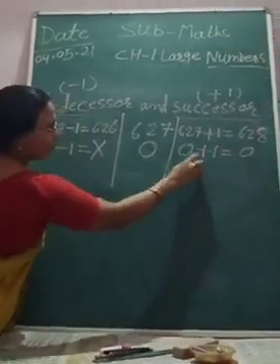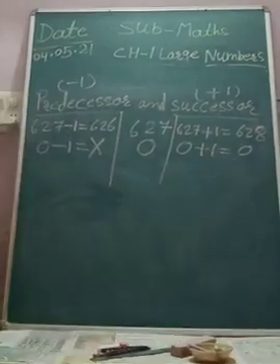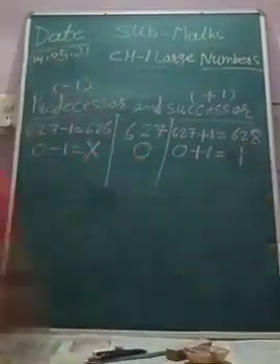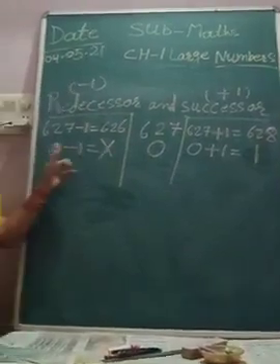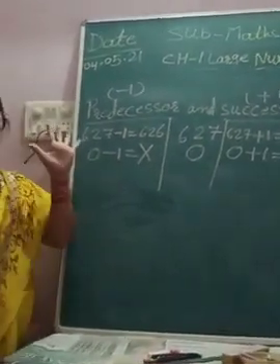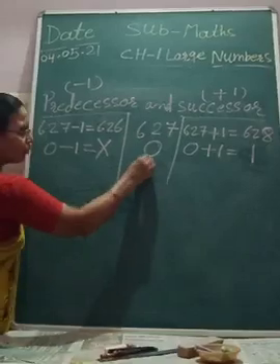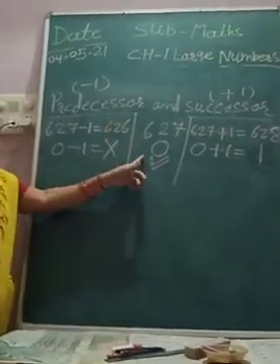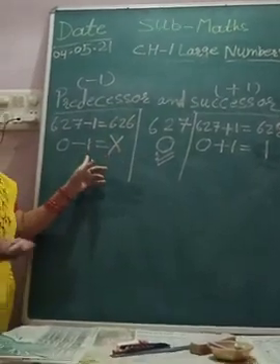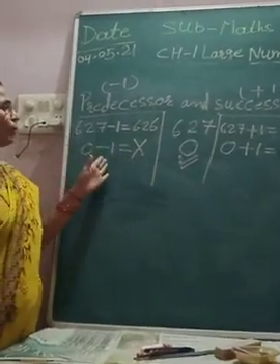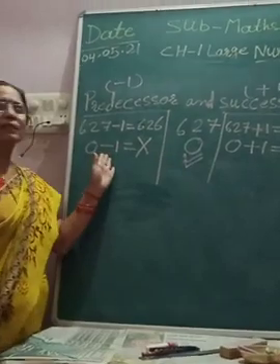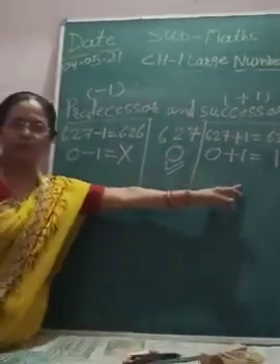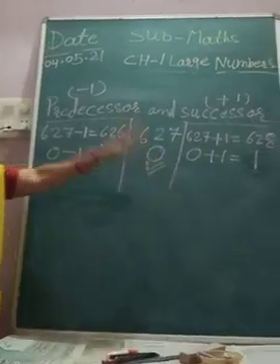When you add 1 to 0, your answer will be 1. But when you have to subtract 1 from 0, you cannot subtract. So just keep this in your mind: you will not get any answer when you find the predecessor of 0, but you can find the successor of 0.